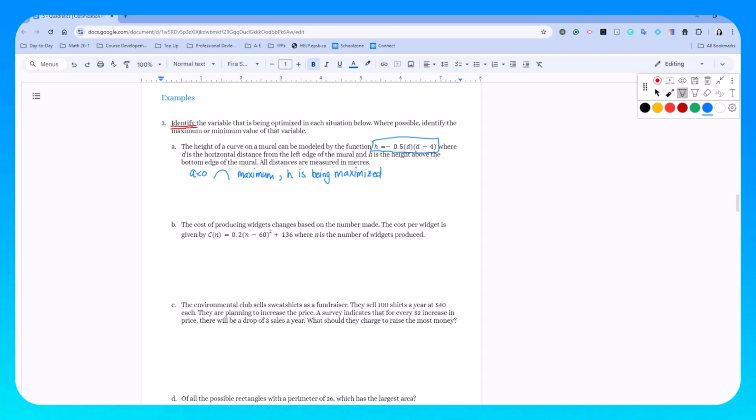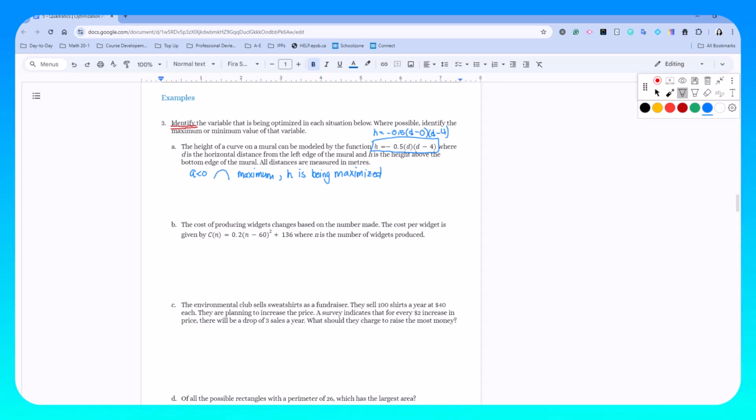And we can't identify what h is because this is in factored form. And even though we can write this out, one of the factors is d minus 0, because notice here we just have a d with nothing attached to it. Remember, without doing some kind of calculation, you can't determine the maximum.